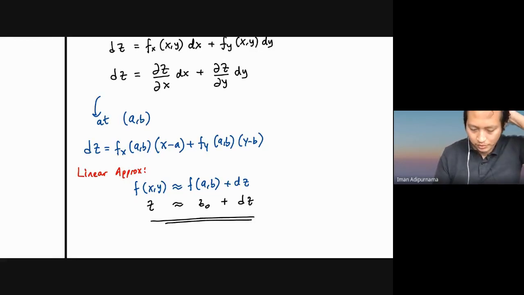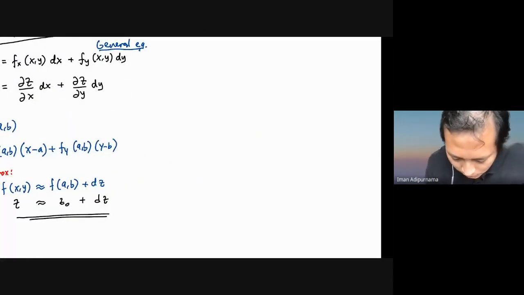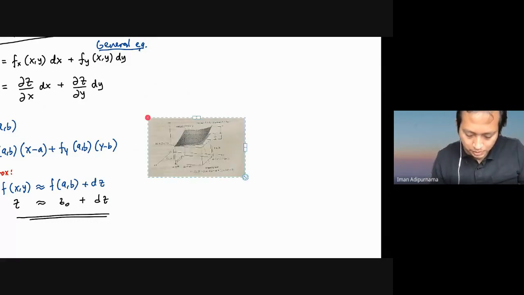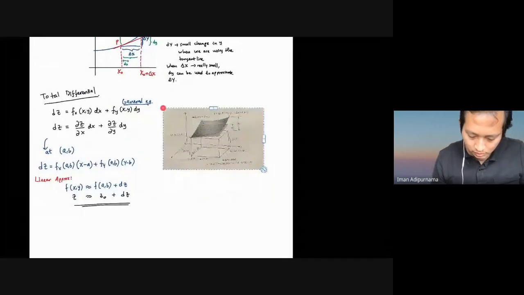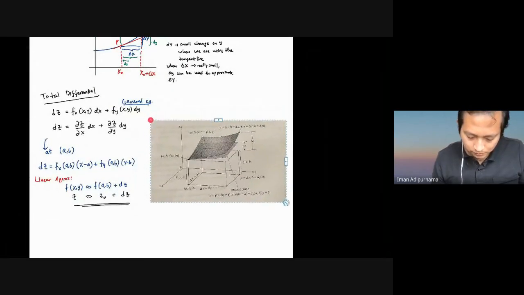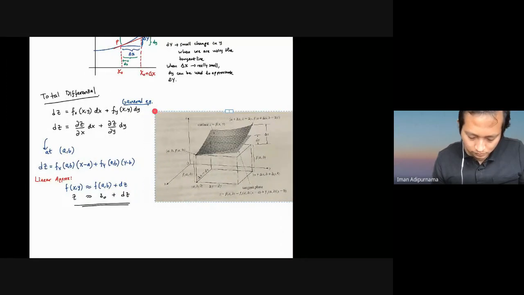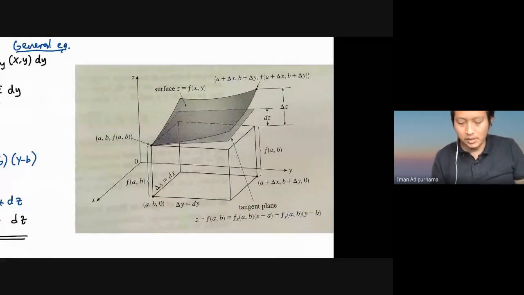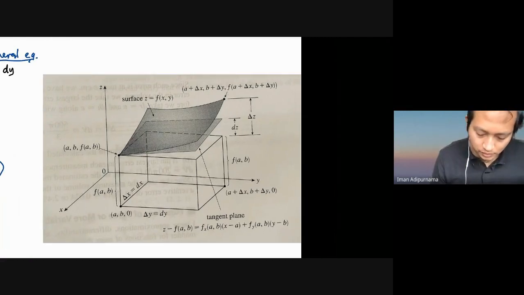Now, if you want to look into the visuals, I'm taking a picture from before, and let's say this is the picture. This is where all the deltas, the dx, dy, dz are. So let's look at the surface.